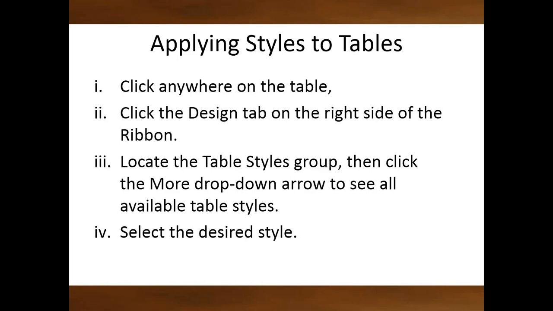The steps for applying styles to a table are given as follows. 1. Click anywhere on the table. 2. Click the Design tab on the right side of the ribbon. 3.